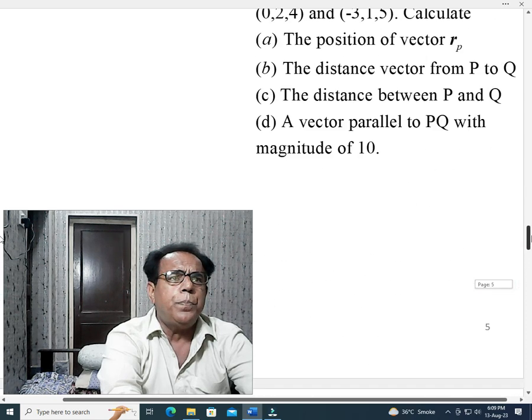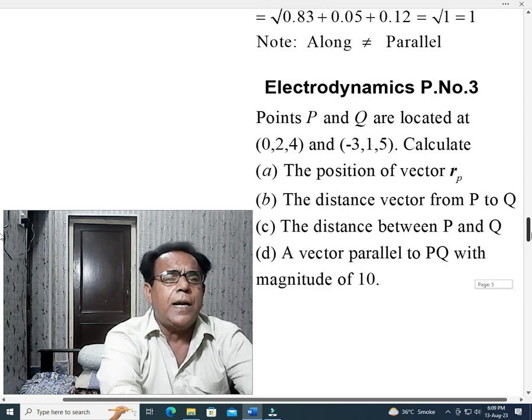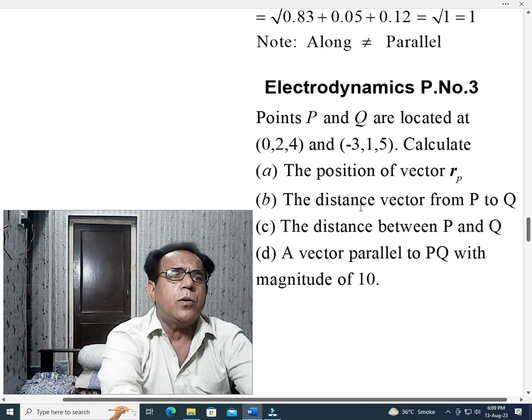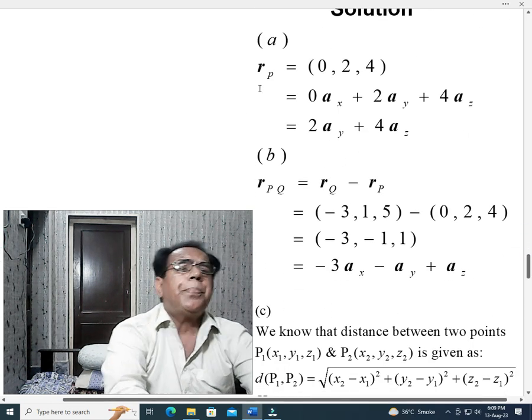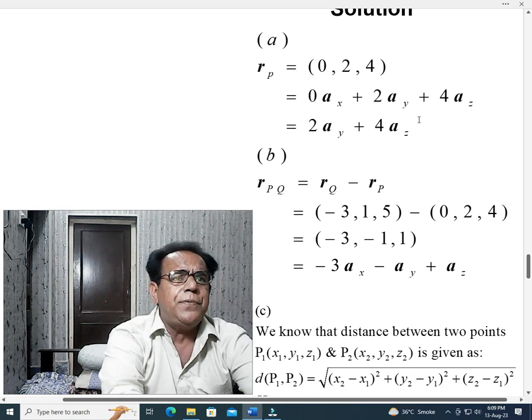Now we come to part D. Part D, a vector parallel to PQ with magnitude of 10. Here we will see what difference occurs when we use the term along and when we use the term parallel. RP equal to this we have previously calculated.